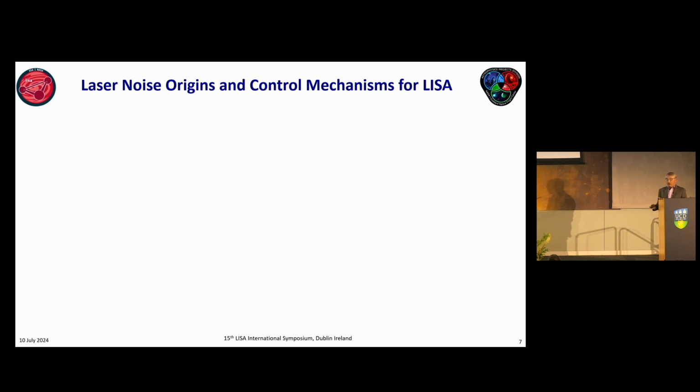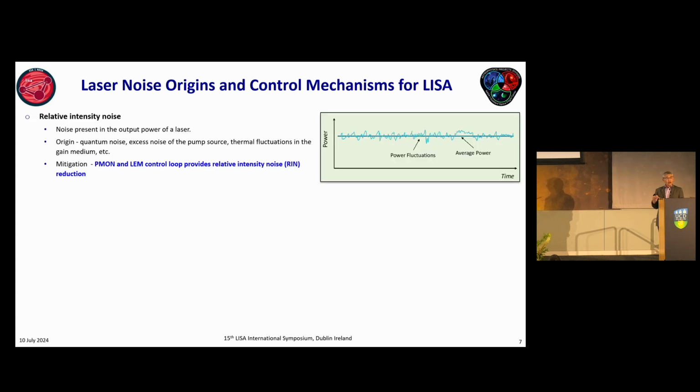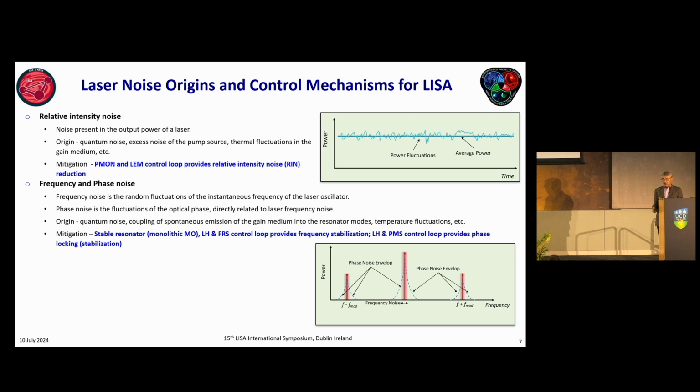Quickly, let me go over some of the noise origins and the control mechanisms for the laser, and what we have done on the laser side to mitigate this noise. Leonard gave a very good talk yesterday on the real noise and its impact on the laser, and the mitigation on our part is to use the PMON and the laser electronics module to provide the control loops to reduce the relative intensity noise.